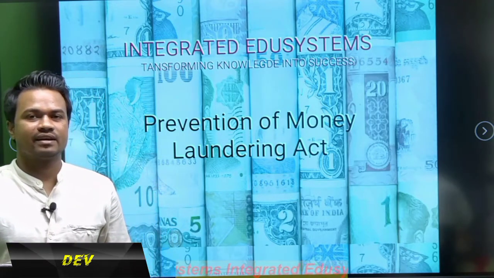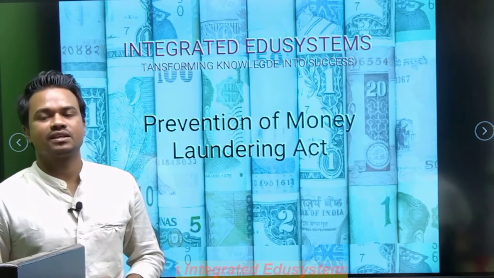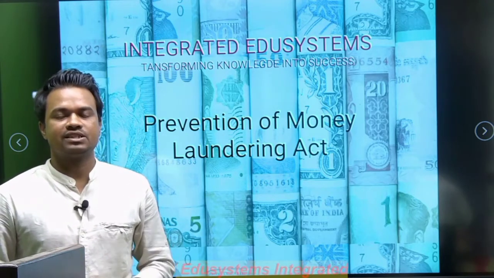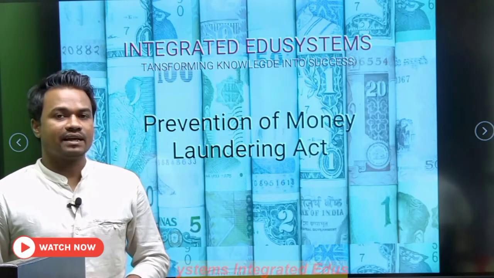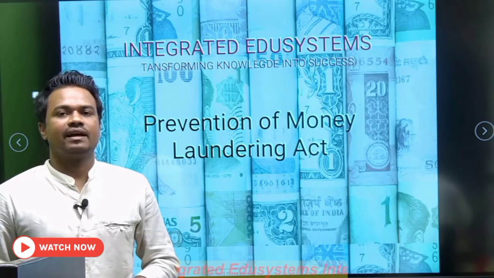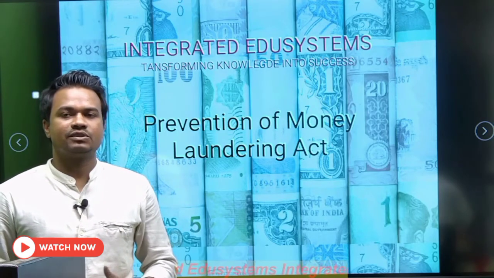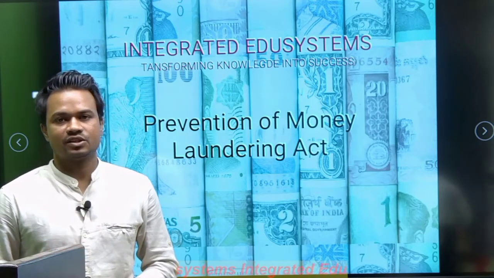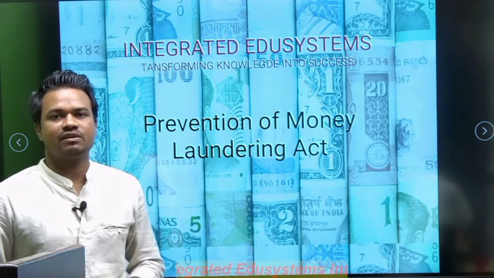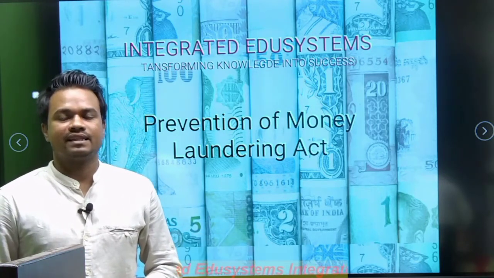Today we are here to discuss some of the recent issues across the country, and that particular news is the prevention of money laundering. Regarding that, the Supreme Court's recent ruling has again brought this law into the news.